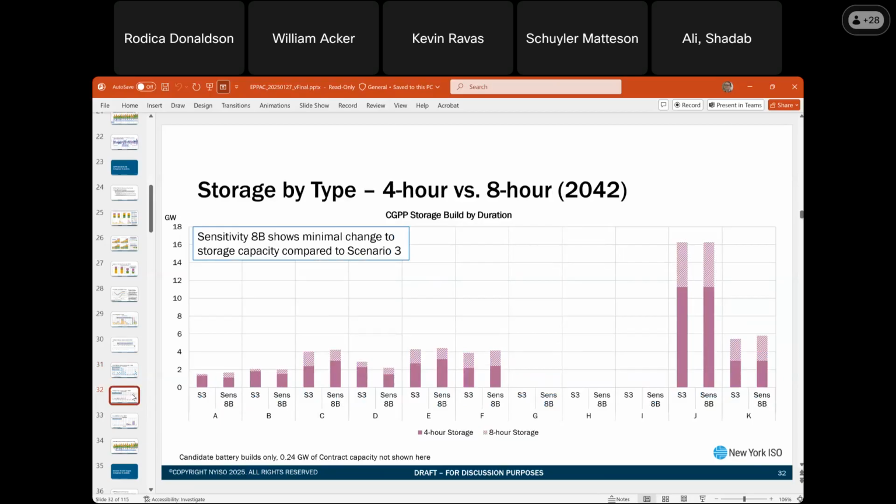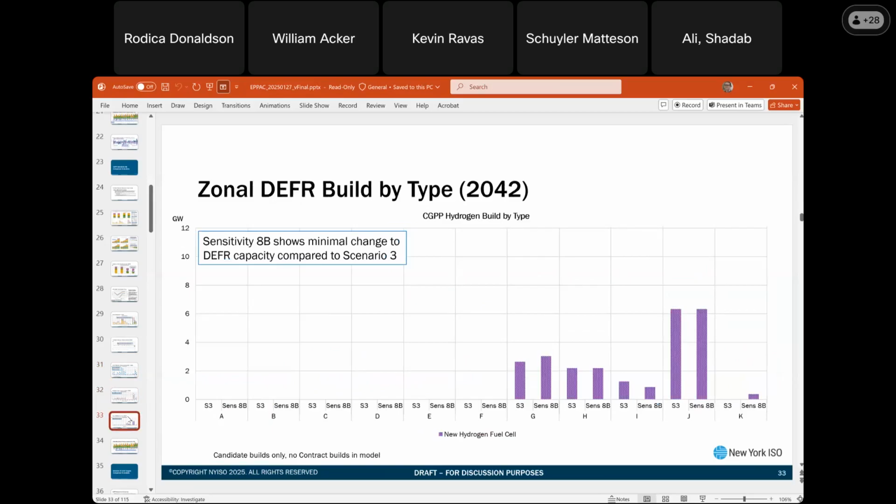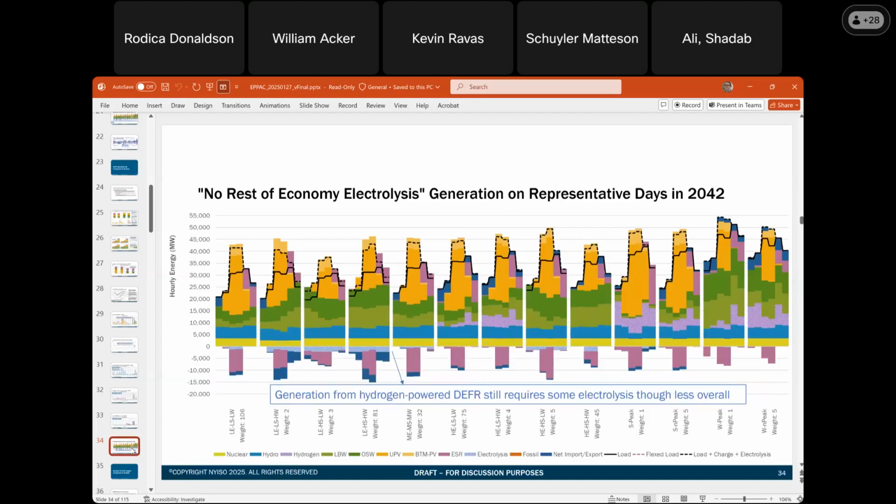We're seeing minimal changes to the storage capacity, and also minimal changes to the defer capacity. Then on the representative days side, the generation from the hydrogen powered defer still requires some electrolysis. We still have that piece in the model, though it requires less overall.